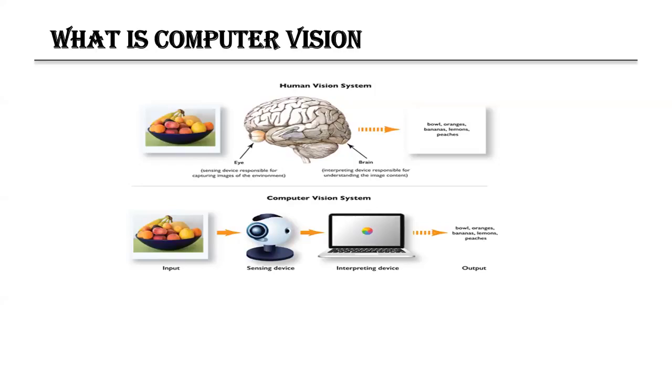Once that is done, the sensing device observes that this is one of those fruits, and it sends a message to the human brain through the neural network.